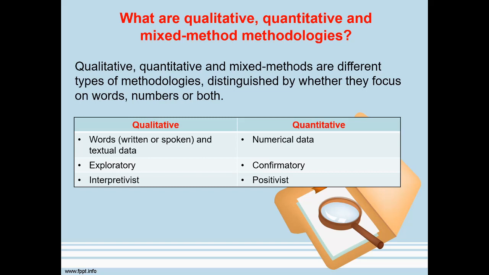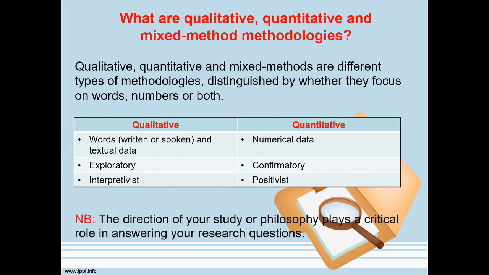So in a nutshell, we can say the positivist paradigm of philosophy leads towards a quantitative approach, whilst the interpretivist leads towards a qualitative approach. Yeah, basically. So that sums up the distinction between the qualitative methodology and the quantitative methodology.